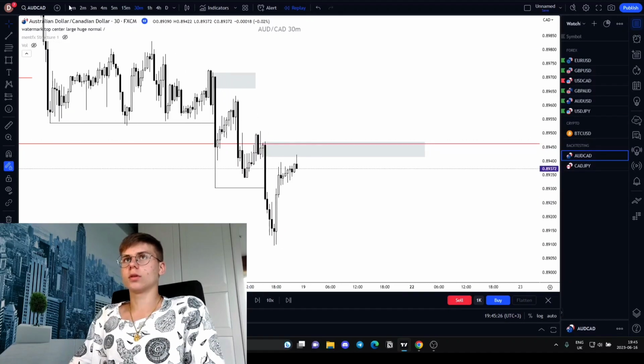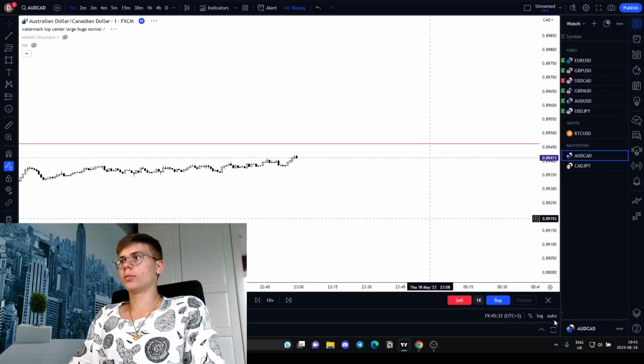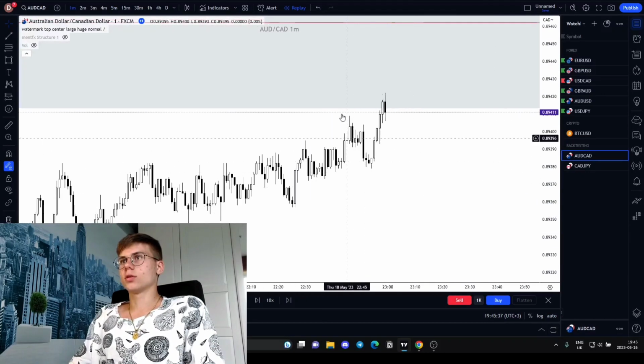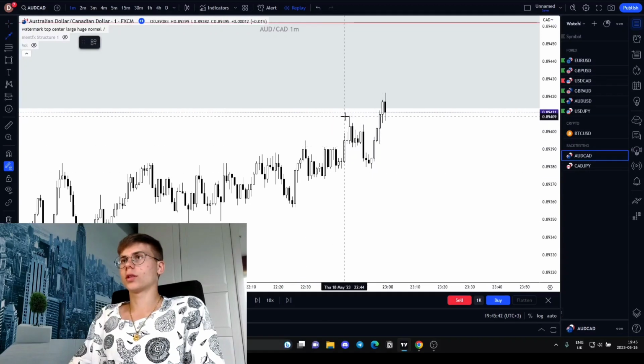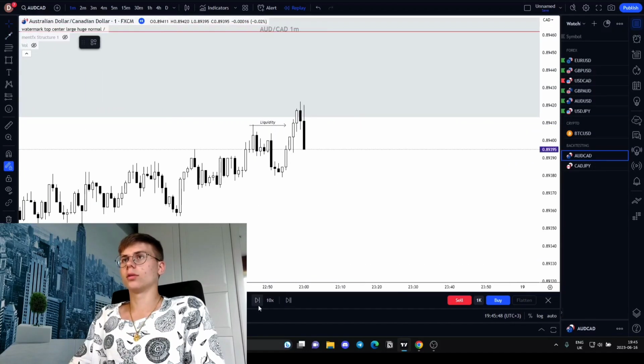Okay, yes, we tapped into it. Okay, I will not refine it because it won't be that honest. So yeah, we have a clear structure for that liquidity, 2 highs, and waiting for engulfing candle.